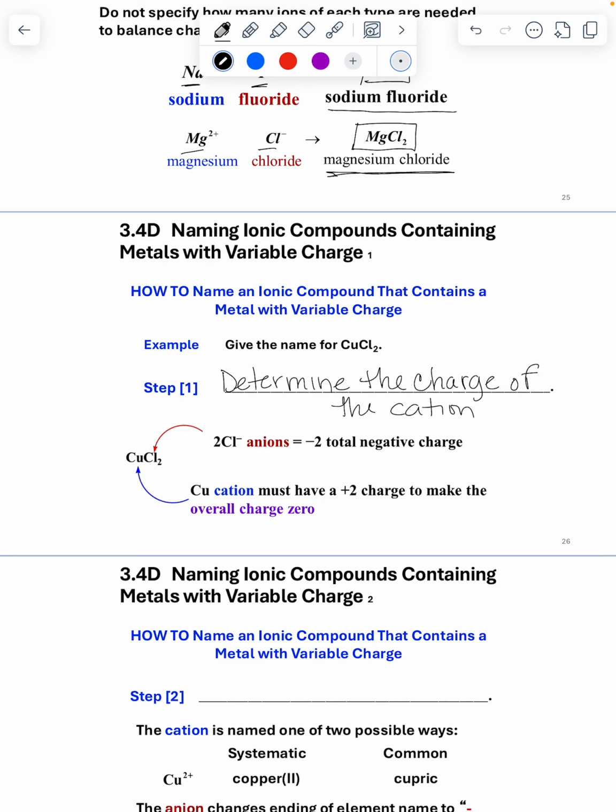And so when we look at this formula, CuCl2, we are not certain on the charge of copper, because remember, copper can either be +1 or +2.